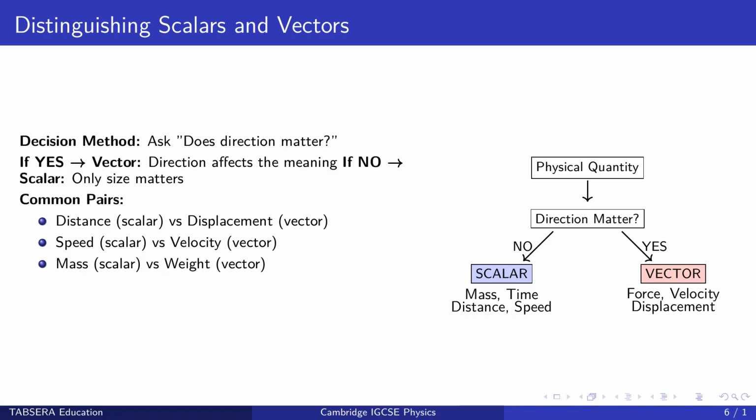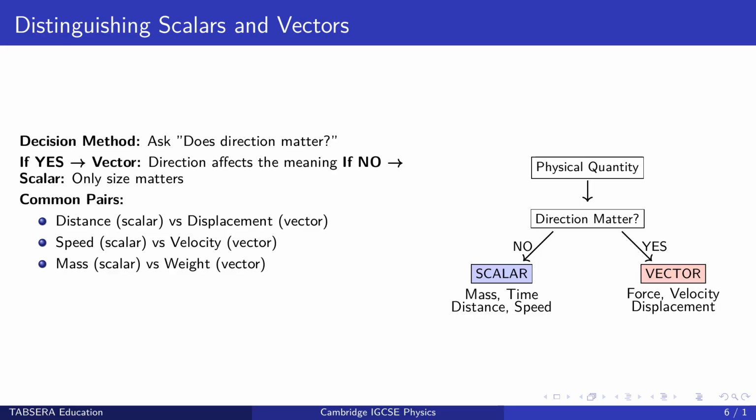Now let's learn to distinguish scalars and vectors systematically. The decision method is simple. Ask, does direction matter for this quantity? If yes, it's a vector because direction affects the meaning. If no, it's a scalar because only size matters. Common pairs demonstrate this.